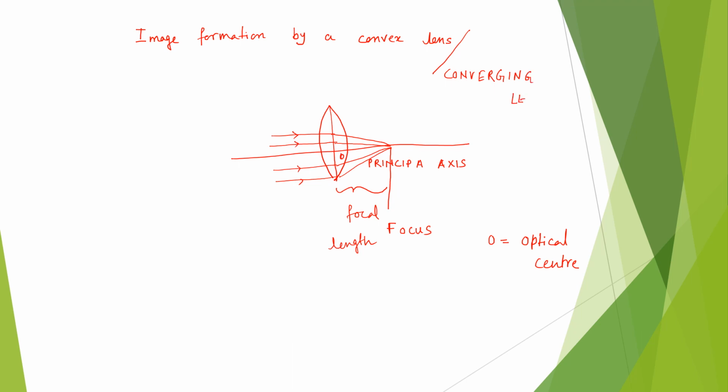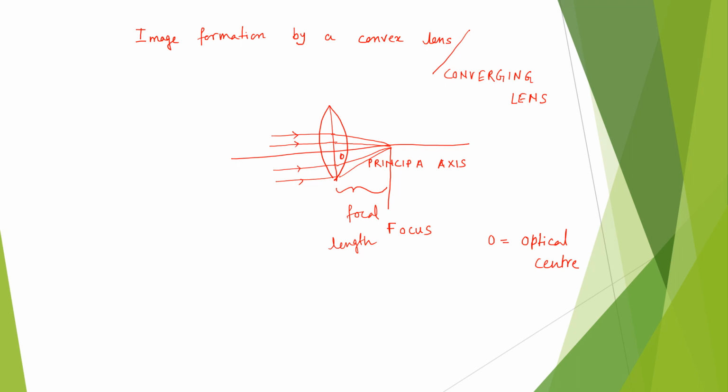If you remember, we have seen that convex mirrors are diverging mirrors, but convex lenses are converging lenses. That's why I told you that every time we have to compare with the mirror so that we can learn it properly. So that is how an image is formed in the convex lens.